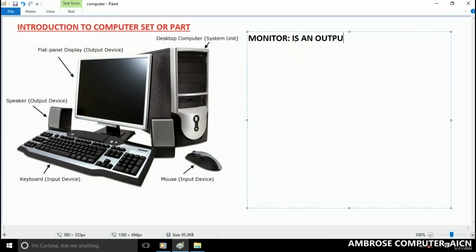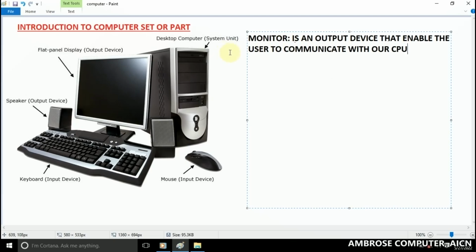It enables the user, who can be you or me, to communicate with our CPU. Remember I told you that this one is called the CPU.